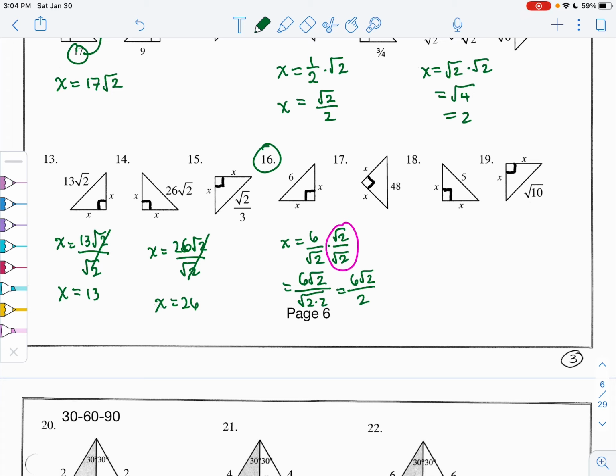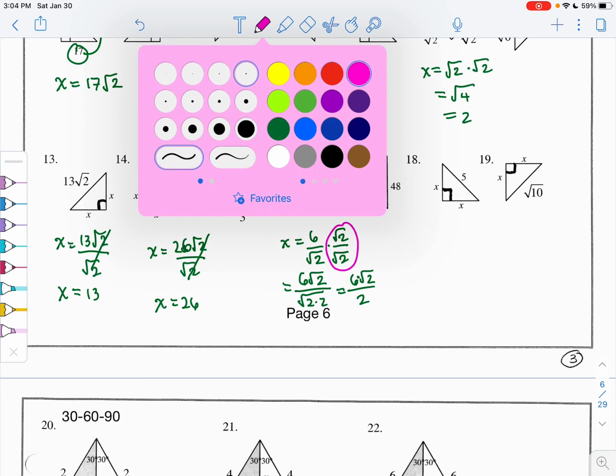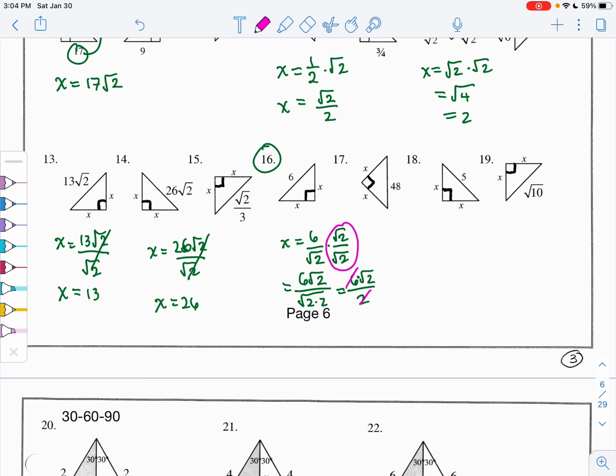Or you can think of it as square root of 4, and square root of 4 is just 2. And so on top, 6 times radical 2 can be reduced by the 2 at the bottom because those are factors. It's like saying 6x over 2, and that's just 3x. So we reduce the 2 with the 6 on the outside, and we get 3 radical 2, the mathematical equivalent of 6 over rad 2 without having a radical on the bottom.